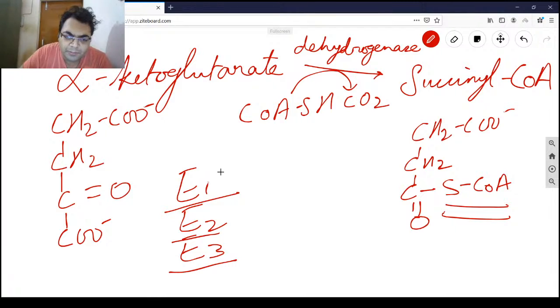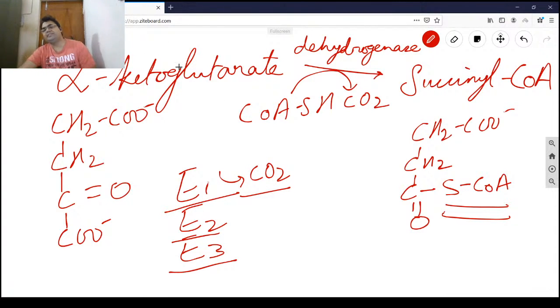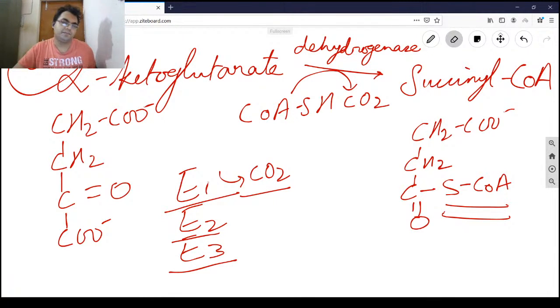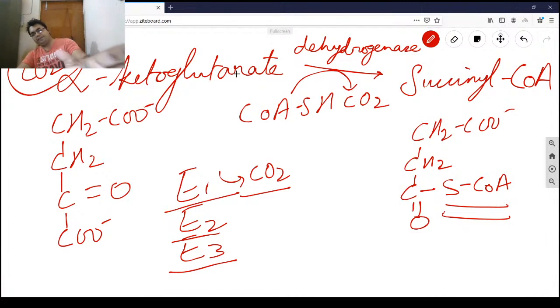So one CO2 was decarboxylated here, one CO2 got released while producing alpha ketoglutarate from isocitrate. Here one CO2 came out, and one CO2 came out while converting alpha ketoglutarate to succinyl coenzyme A.